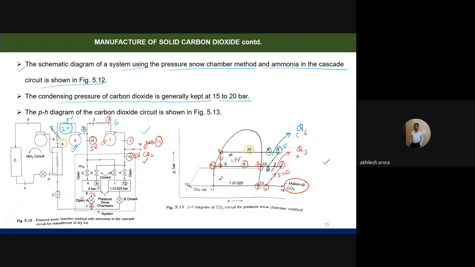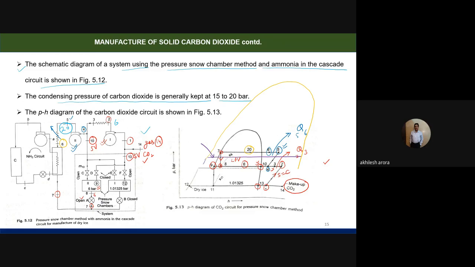So I am going to draw that. You can say that this is the curve for the ammonia. So we will have to draw its cycle also. This is the temperature of the ammonia in the evaporator.